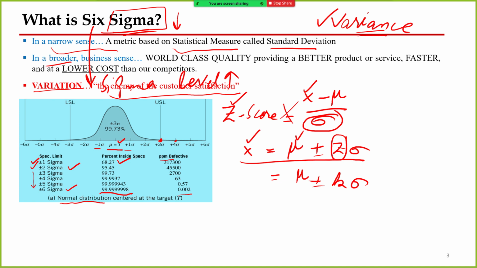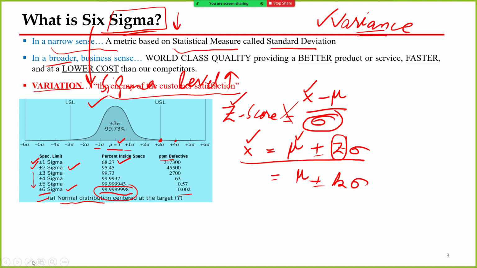But if you look at this diagram, this is purely a statistical perspective, where our population mean is exactly equal to the target point. If we have one sigma level, or two sigma level, that is how much conforming unit we are producing. But if we have six sigma, we are producing almost 100% conforming units; out of 1 million we are producing almost zero defective units.